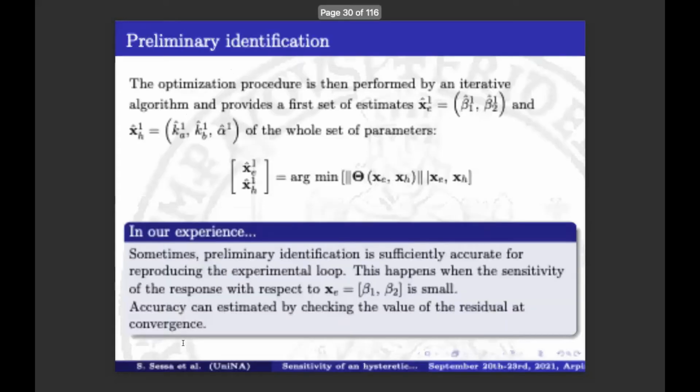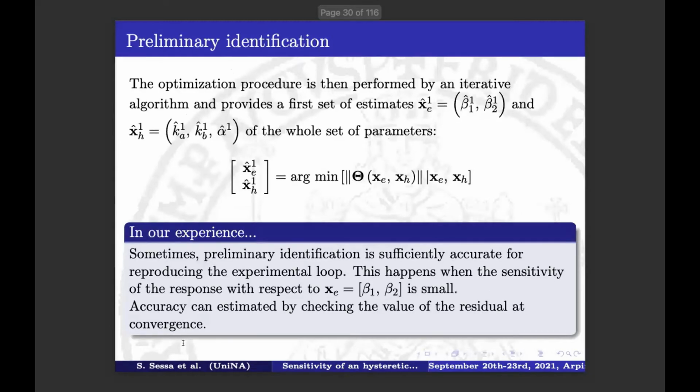After that, we are able to perform the first preliminary optimization procedure, so that we get at convergence a set of 5 parameters. These 2 are considered by the algorithm, but they are fixed to 0 at the beginning as first trials, and they don't really move from their first trial.